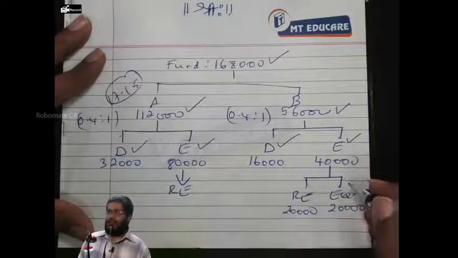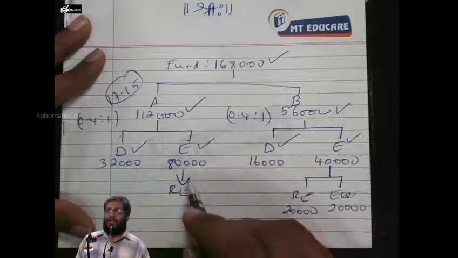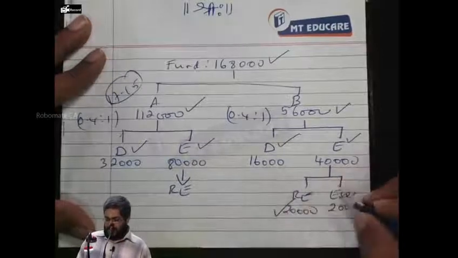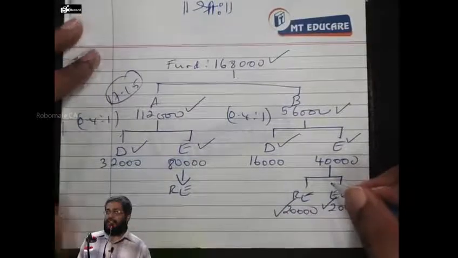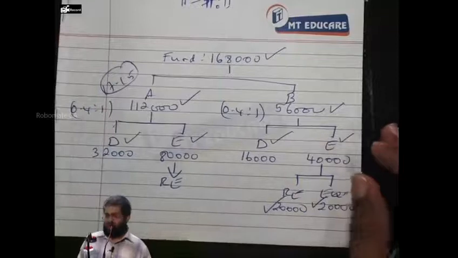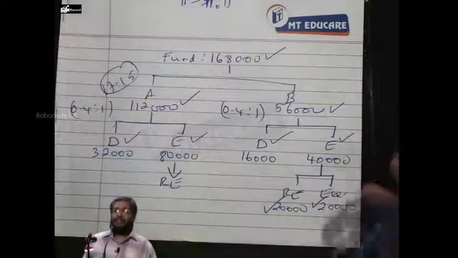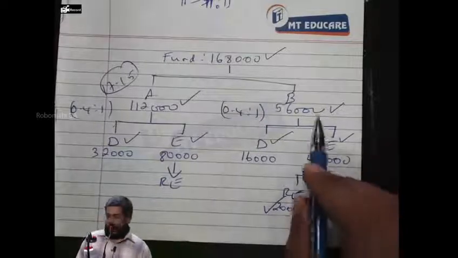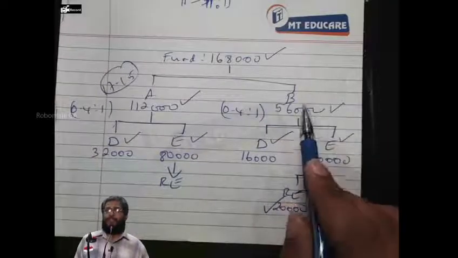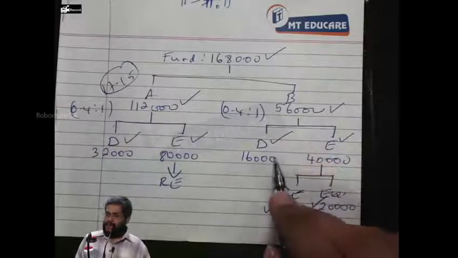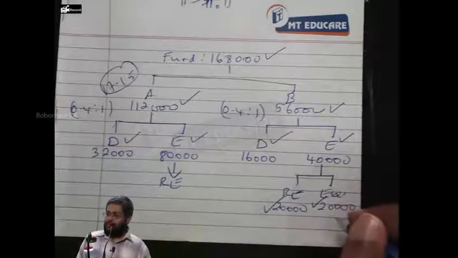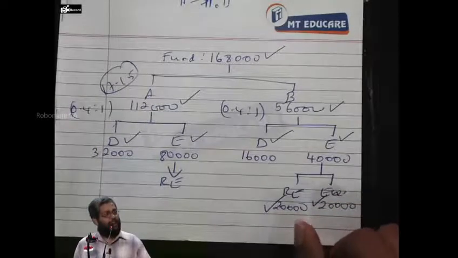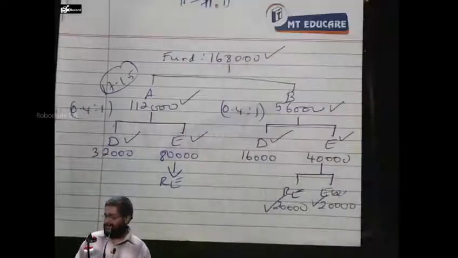Out of 1 lakh, 80,000 was used for A, so the balance available is 20,000 for retained earnings equity, and the equity issue is 20,000. Are you understanding? So B's 56,000 is financed through borrowings 16,000, new issue 20,000, and ploughing back existing profit 20,000. Everybody following? Now, the next slide.